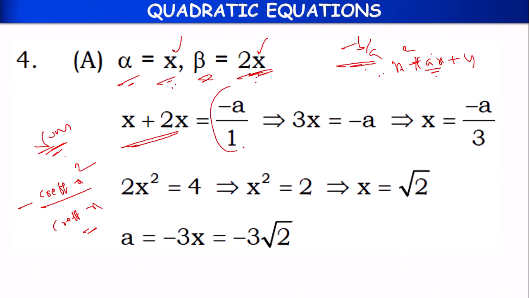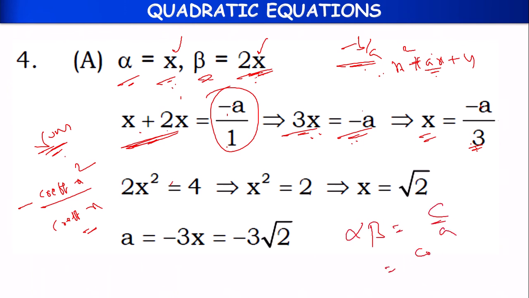So minus a by 1. Sum of roots: x plus 2x equal to minus a by 1, or 3x equal to minus a, or x equal to minus a by 3. That is one condition.